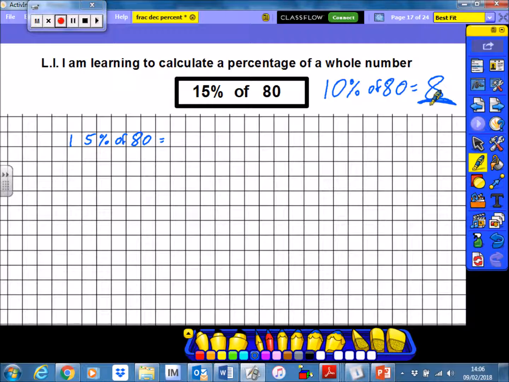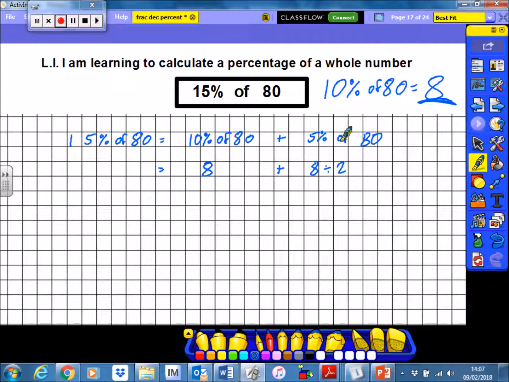Well, I can use this gateway percentage to help me, because 15% is 10% of 80 plus 5% of 80. So all I need to do is work out 10% and then use that to work out 5%. So 10% of 80, I've done it already. It's 8. 5% of 80 is going to be 8 divided by 2, because 5 is half of 10.